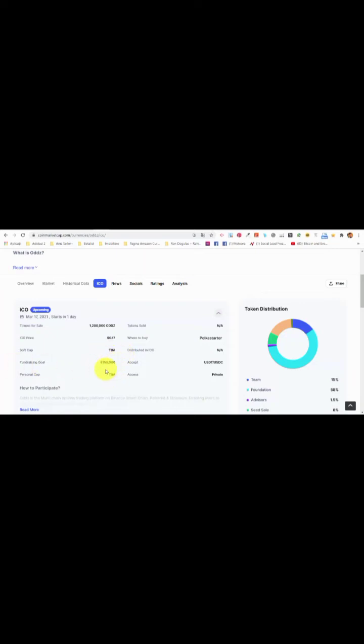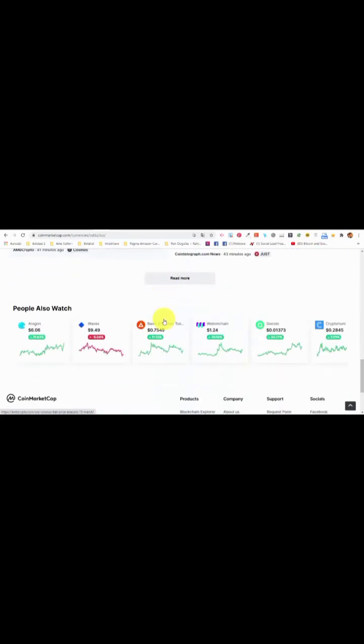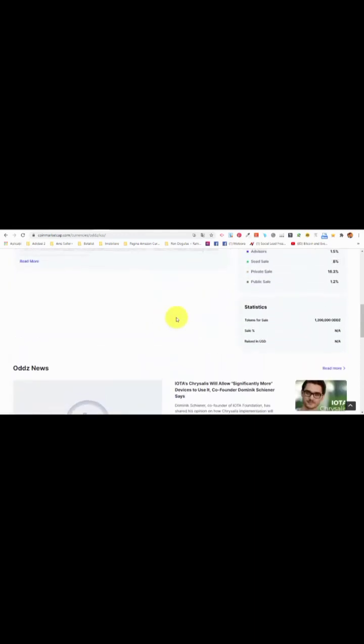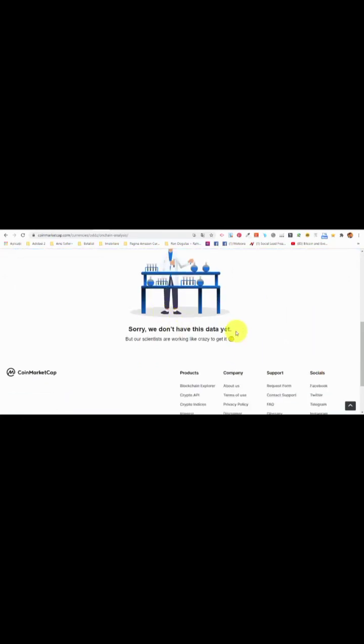Fundraising goal, they want to raise $150,000, personal cap, and so on. That's the information about the statistics. And then you have news, social, ratings, analysis. You also have an analysis here, but we don't have this data yet for this ICO.